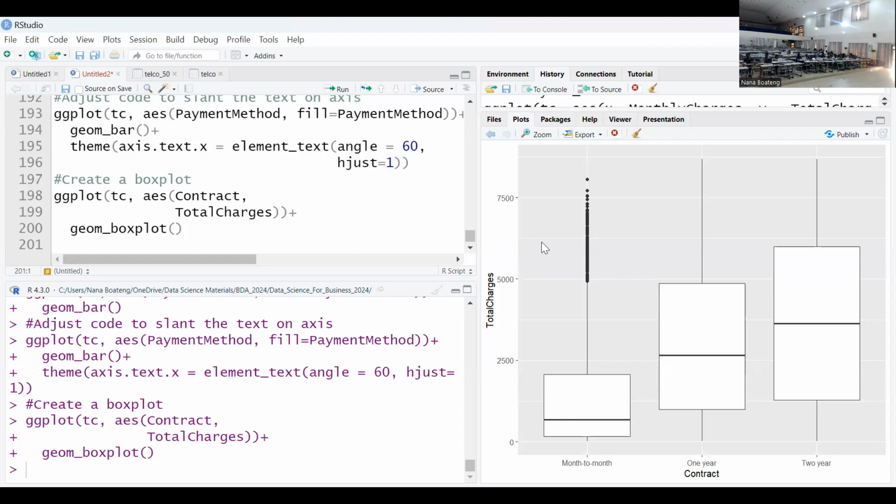Now, if you realize, you will see that here, when I was doing the aesthetics, I didn't write x equals contract and y equals total charges. Okay, so R understands that though the aesthetics are there, the first value is the x, and then the second value is the y.